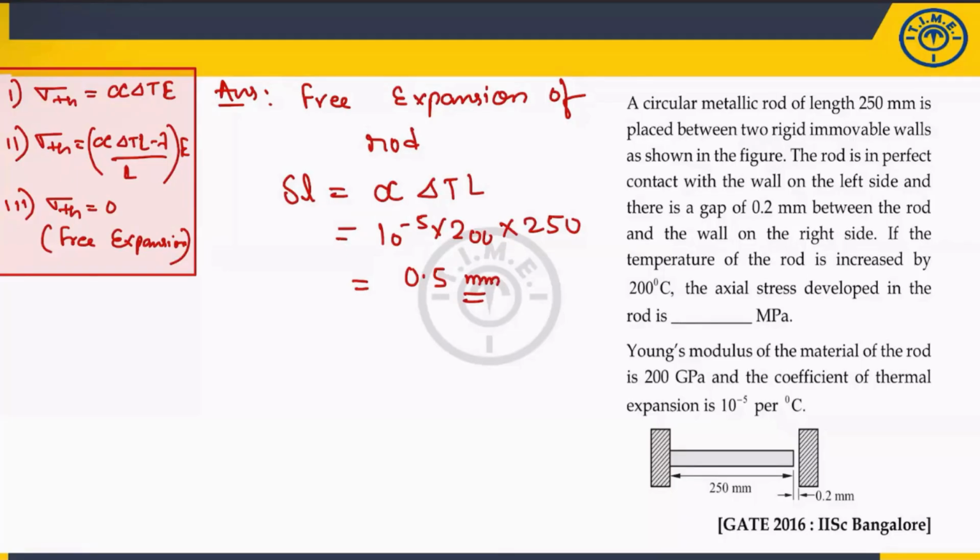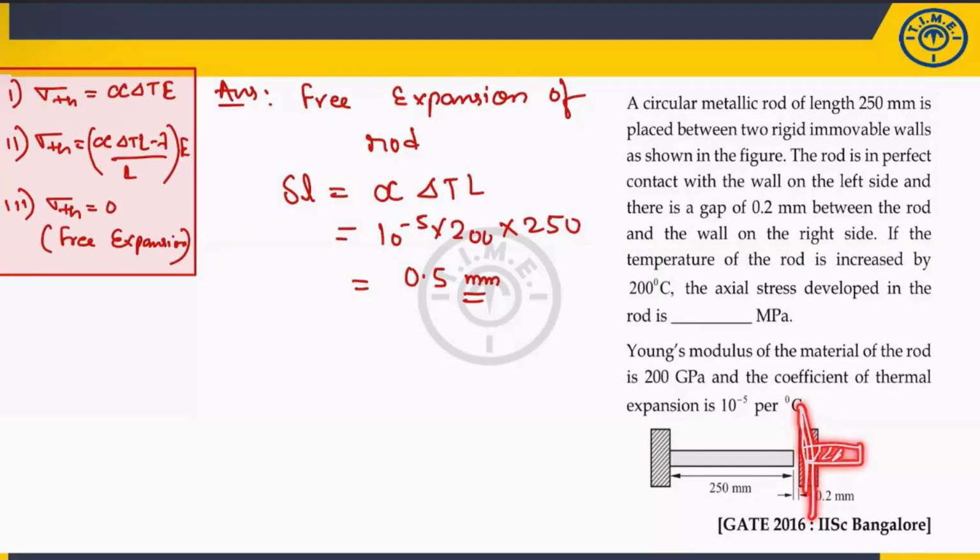0.5 mm. Everyone please see on the screen. Free expansion of the rod means you increase the temperature, and don't bother about this support. You are increasing the temperature, it is expanding, but it is expanding 0.5 mm. But what is the elongation which is allowed? 0.2. That means 0.3 mm of elongation is resisted by this support.